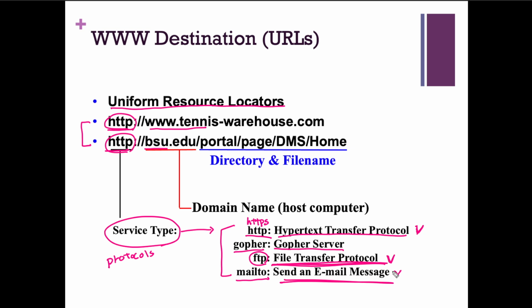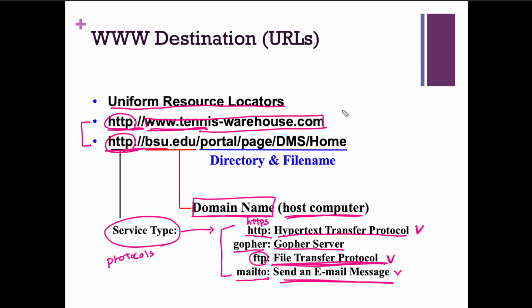The other thing I want you to notice is that after the protocol, there is something .com. This whole thing is called the domain name, which is the address, like Facebook, YouTube. You can also call it the host computer, which means which computer are you looking for?